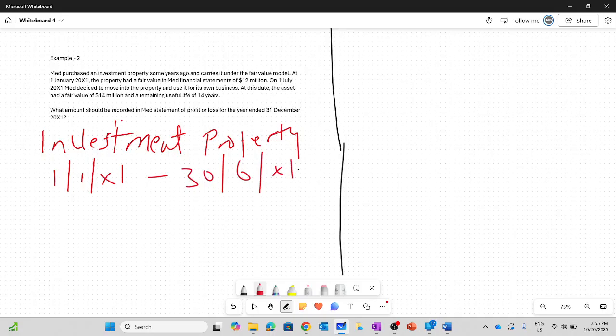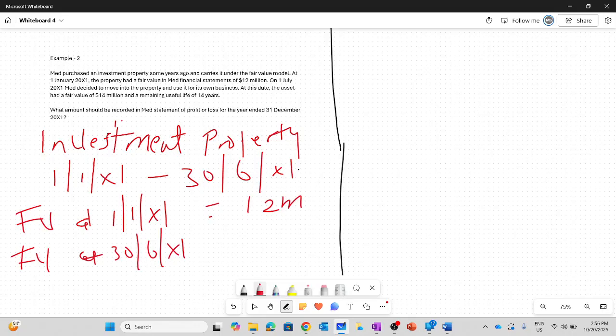So the value of the property, the fair value at 1st January X1 equals 12 M, while the fair value at 30th June X1 equals 14 M.